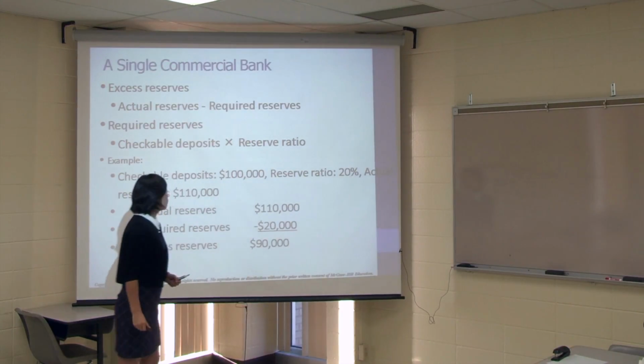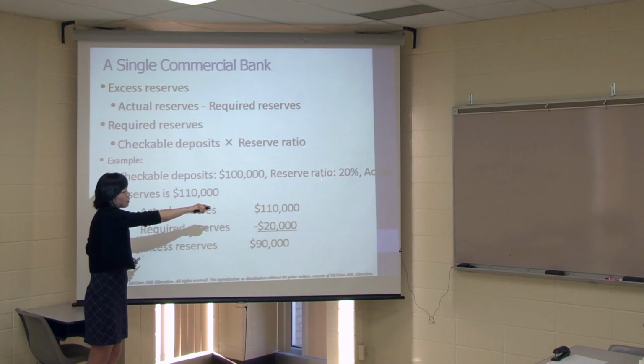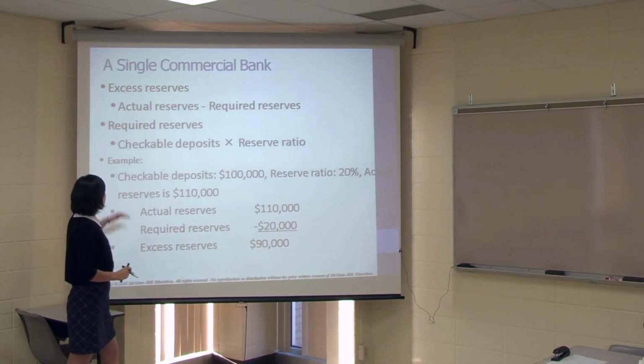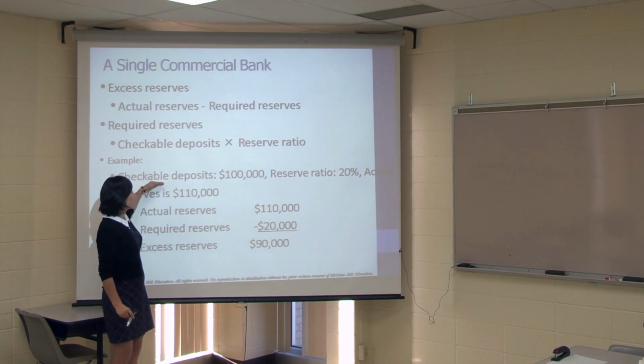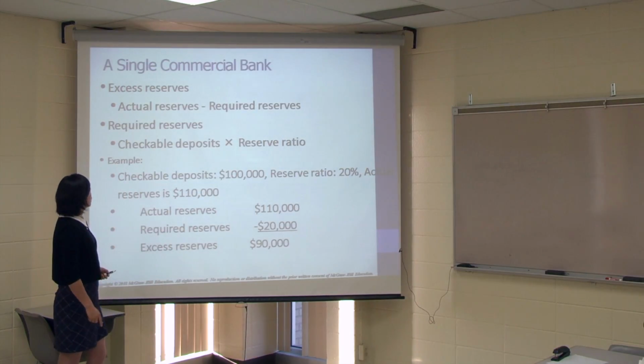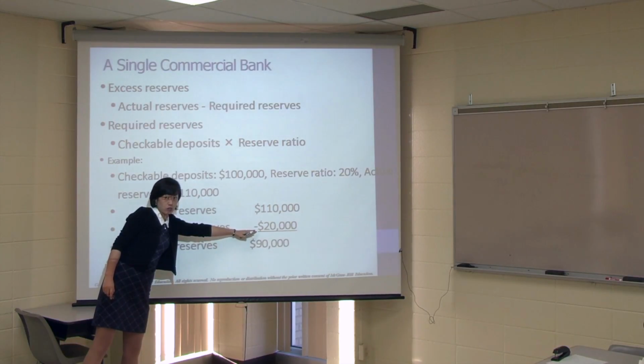Now let's just see. If the commercial bank was required to put 20% of the checkable deposit with the Federal Reserve, so if we have received $100,000 in checkable deposits, then of course we are required to put $20,000 with the Federal Reserve.